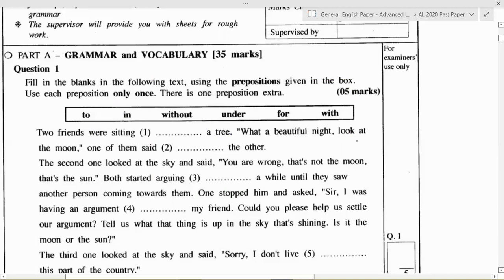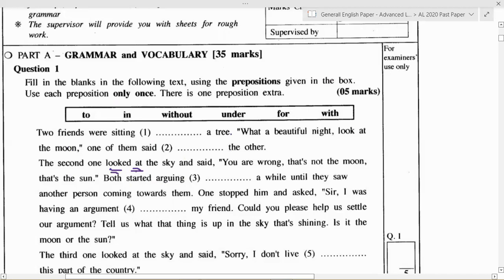And for the next part: what a beautiful night, look at the moon, one of them said, blank, the other. The second one looked at the sky. Look at this, at the sky. That is the preposition coming with look. So that's the knowledge they're checking.